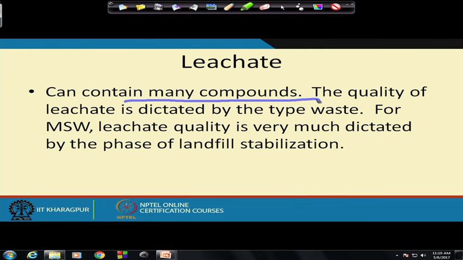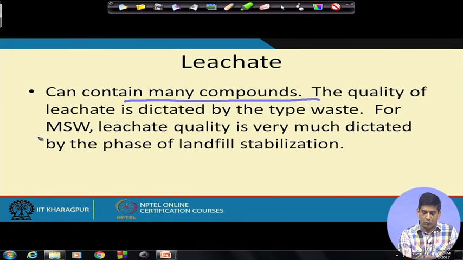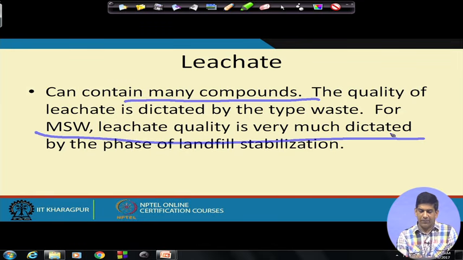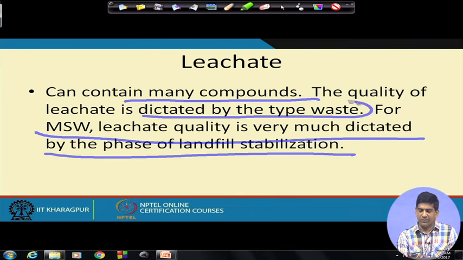But if there are no heavy metals, it's just organics, mostly stuff from municipalities, from your and my houses, there will be some metals, because metals are everywhere these days, but the quantity of metal in the leachate will be very, very low. So depending on what goes into the landfill, the leachate quality will vary. That's what we say: for MSW leachate, the leachate quality is very much dictated by the type of waste that is disposed there.